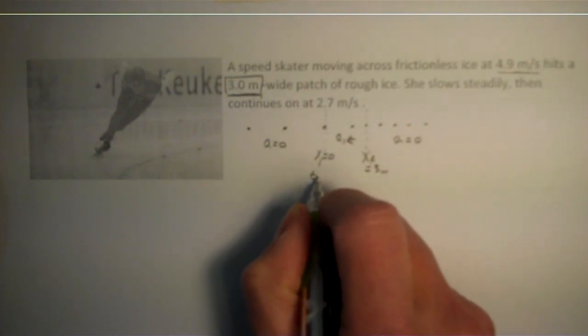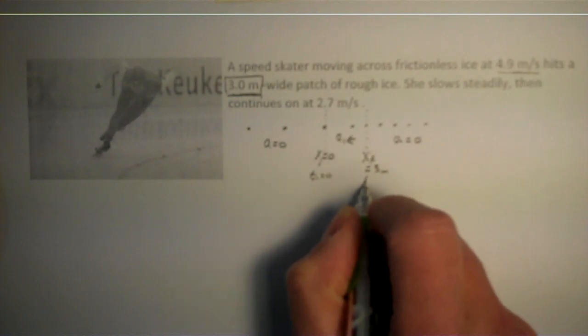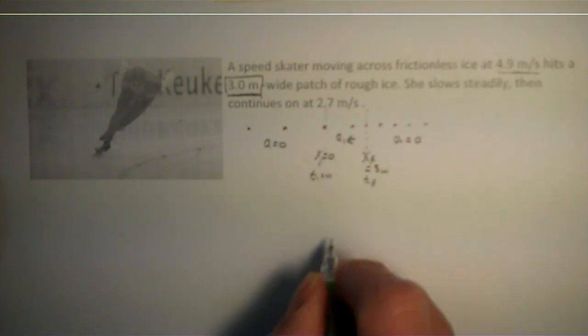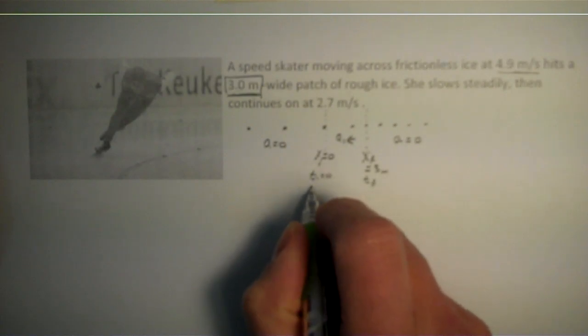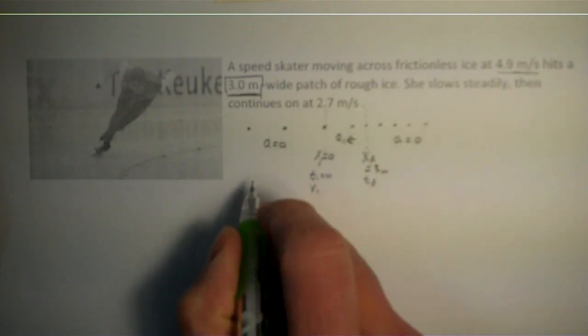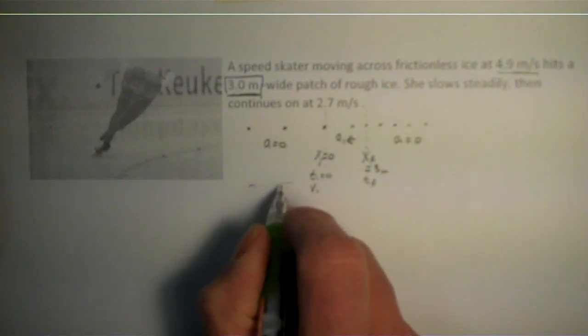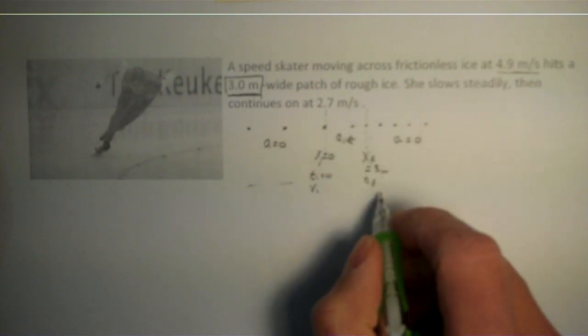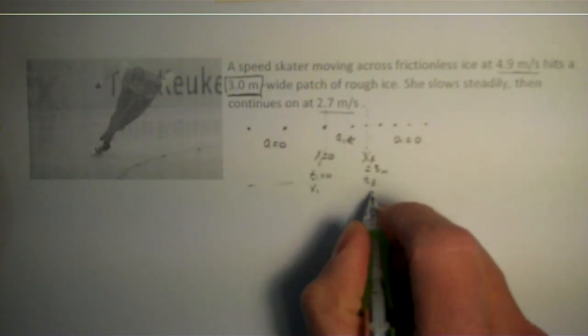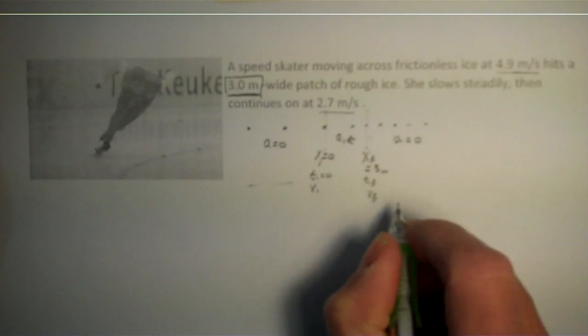So that's where my time initial is 0, and then my time final happens there. Consequently, this is where I have the initial velocity of 4.9. That's during this entire phase, but all that matters is this instant. And at this instant, she's now traveling at 2.7. This is my final velocity.